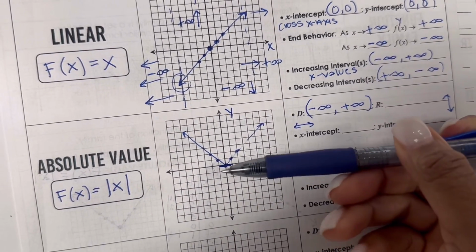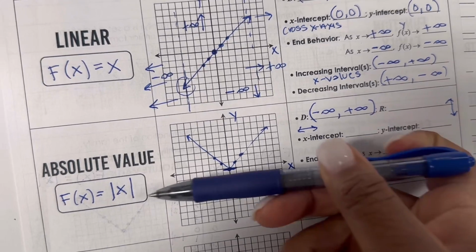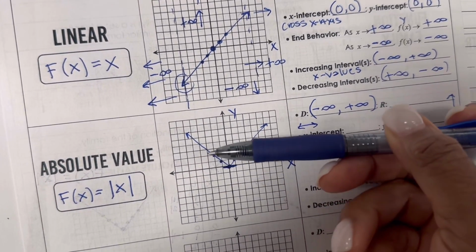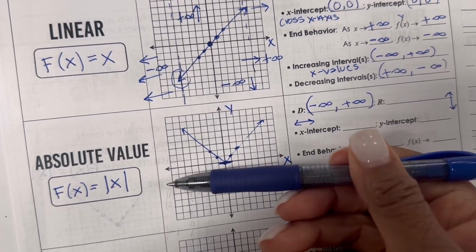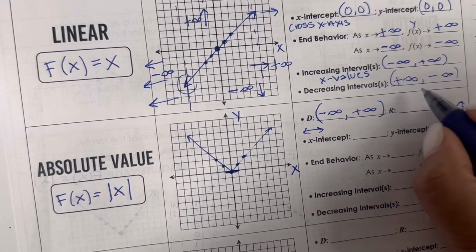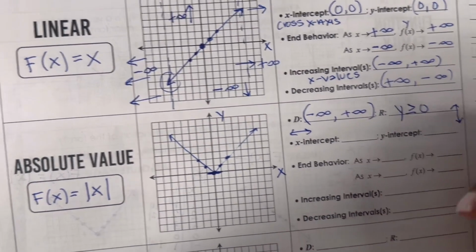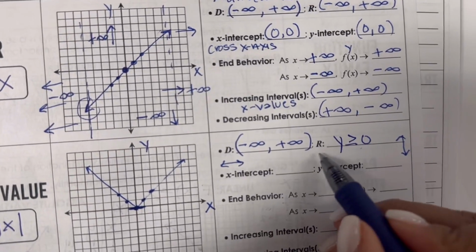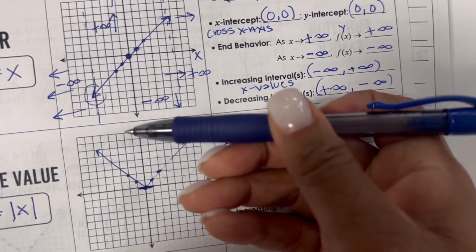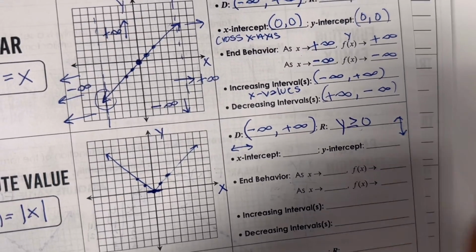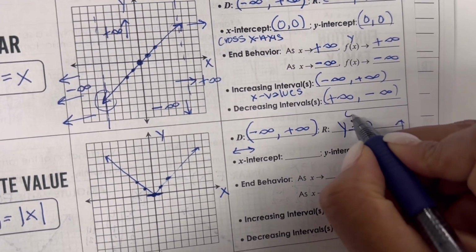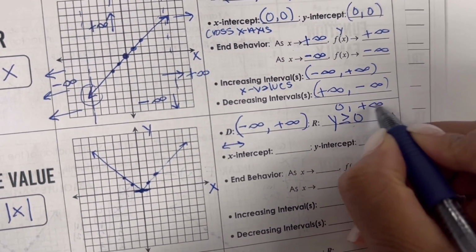It starts at 0, right? Y at 0. This is 0. 1, 2, 3, 4, 5, 6, 7. So 0 is the bottom. And above. So you can say y is above 0, all the y values above 0. You might also say from 0 to positive infinity.